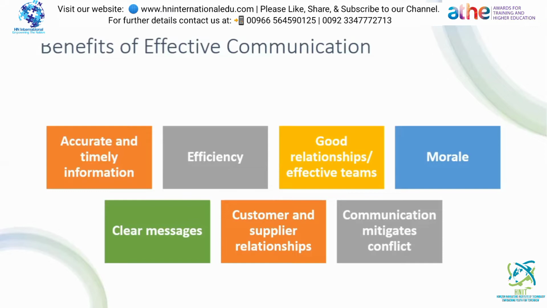Then, clear messages. Clear communication ensures understanding. In other words, in organizations where effective communication is lacking, you'll often find that employees don't know what they are doing. They might not fully understand their role or the company's expectations.